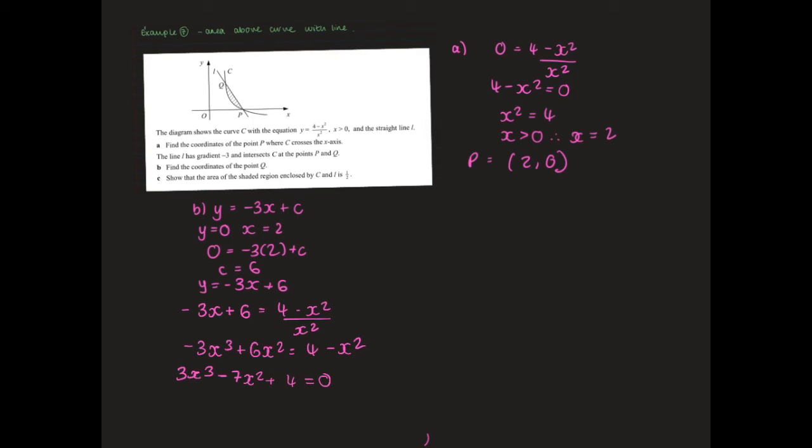Now I've got a cubic here, but I know that they both cross at point P. So I know that x minus 2 is a factor of this. So then I can do some polynomial division. So I'll change colour to try and make it a little bit clearer.